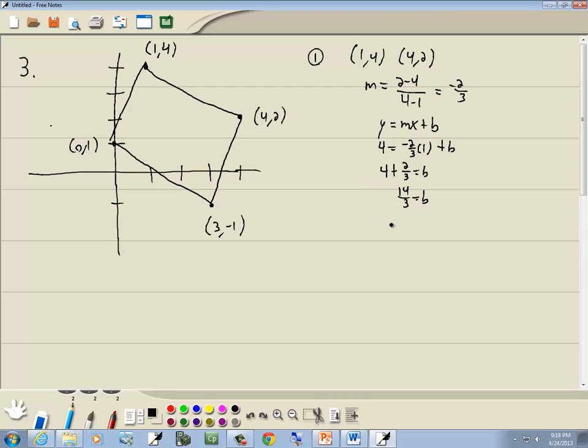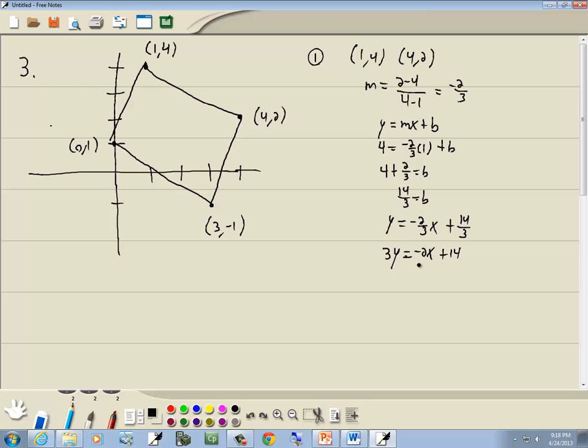Now, our equation then is y equals m, which is negative 2/3 x, plus 14/3. Now, if I multiply everything by 3, we're going to get 3y equals negative 2x plus 14.